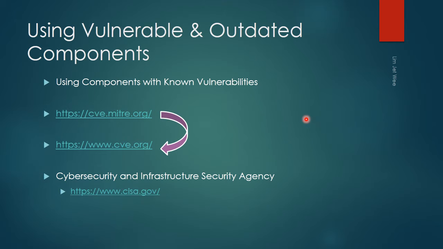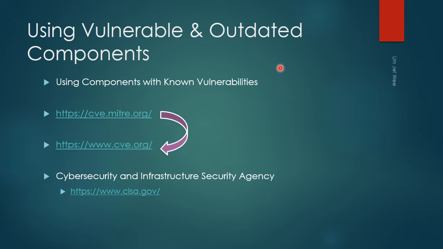But that opens up the potential of unknowingly using vulnerable or potentially outdated components. One of the reasons is that they don't know that it is vulnerable, or they are unaware that it is already outdated.